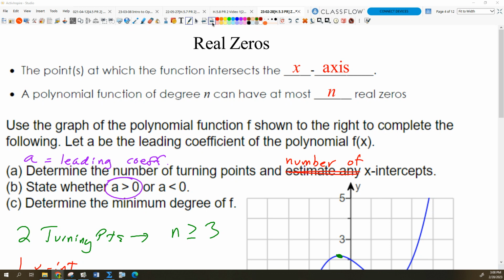An nth degree polynomial can have at most n real zeros, right? You can't have more zeros than the degree of the polynomial. And again, think quadratic. If n is 2, the graph is a parabola. A parabola can have at most how many x-intercepts? 2, right?